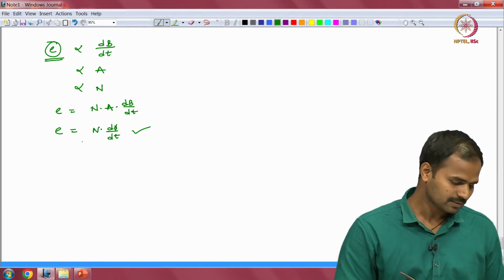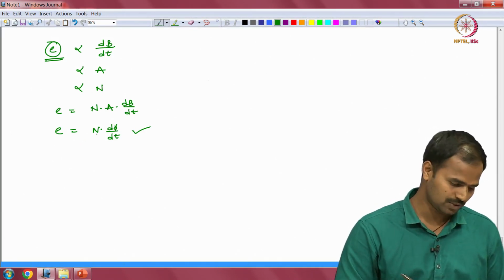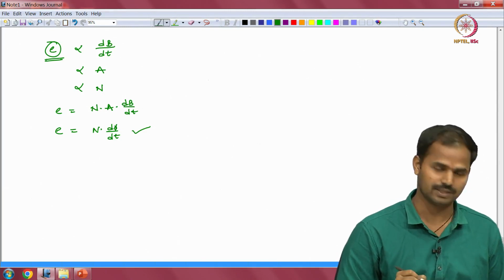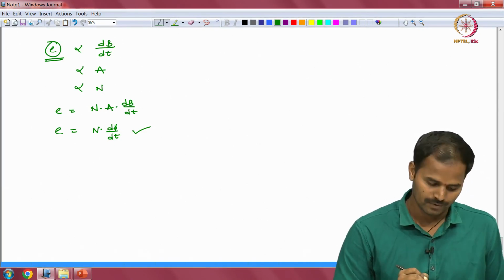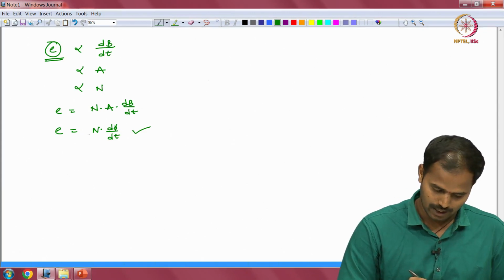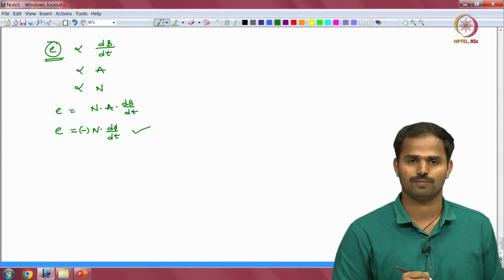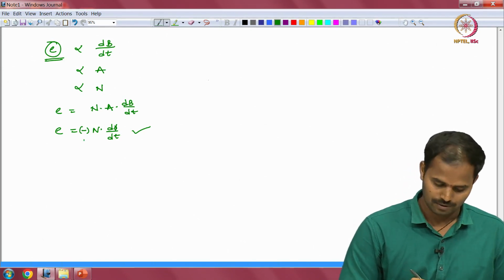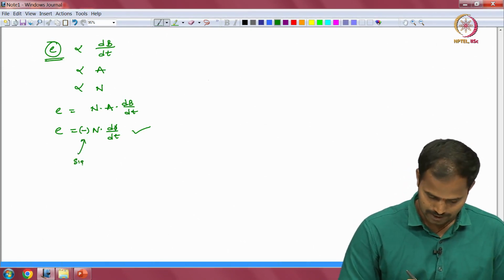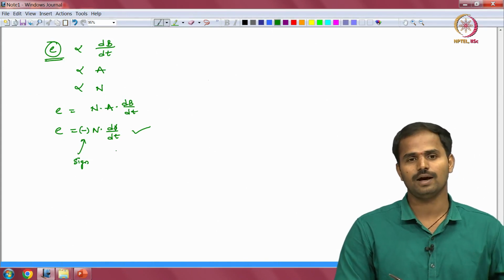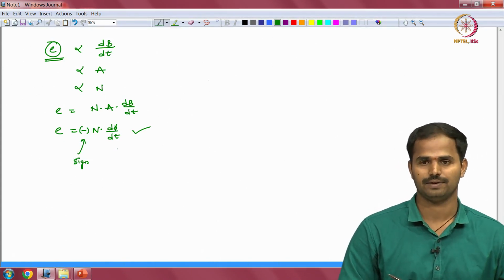The induced EMF equals the rate of change of flux linkages. Now, this induced EMF equation also has a negative sign. Why this negative sign? Lenz's law defines the sign.